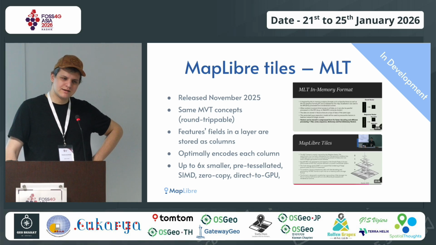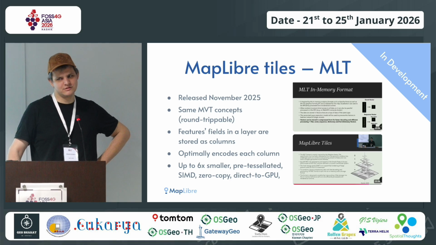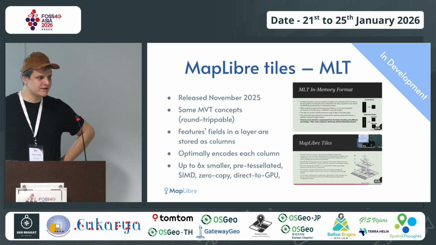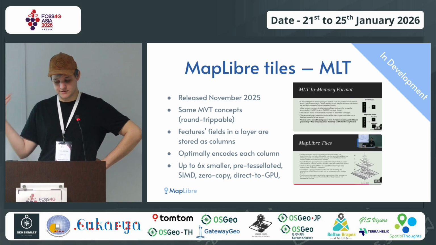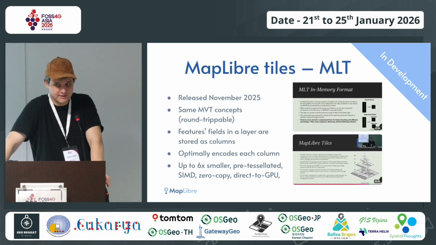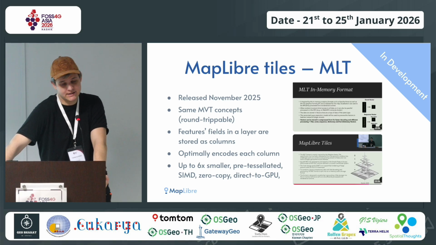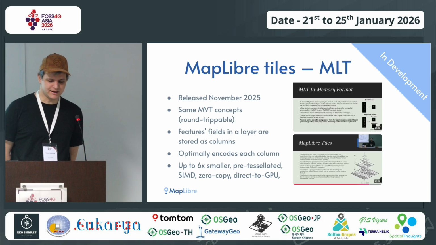Being simple is not the most performant, so we are now doing a much more complicated format, which wouldn't have been possible in 2012 due to engineering constraints, and now it's possible, and it's much faster, 3 times faster on regular data, up to 6 times faster if your tiles are ginormous.